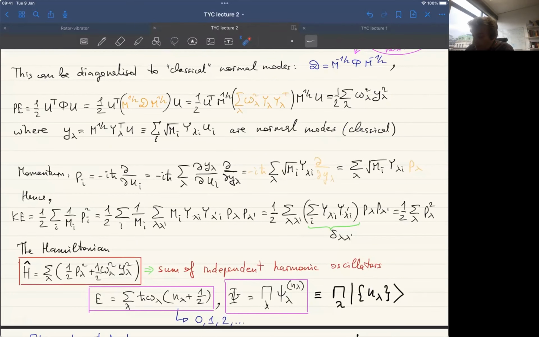So the Hamiltonian again is a sum of independent Hamiltonians, each associated with a single harmonic oscillator with frequency omega lambda and unit mass. And since we know how to solve the Schrödinger equation for a single harmonic oscillator, we get the energy like this, where these numbers n lambda take on values 0, 1, 2, 3 up to infinity.